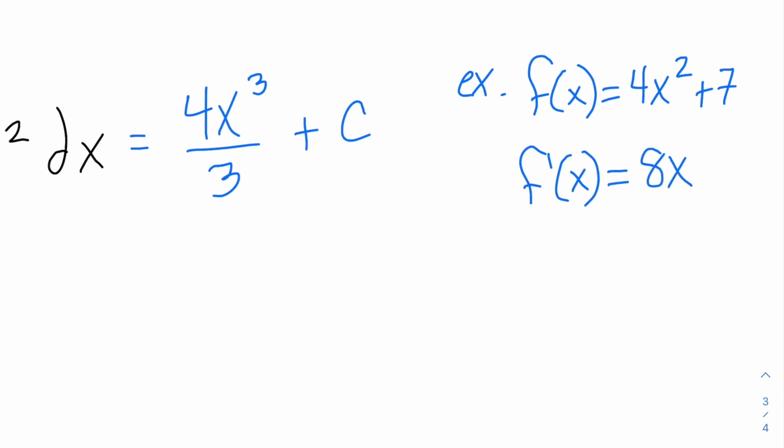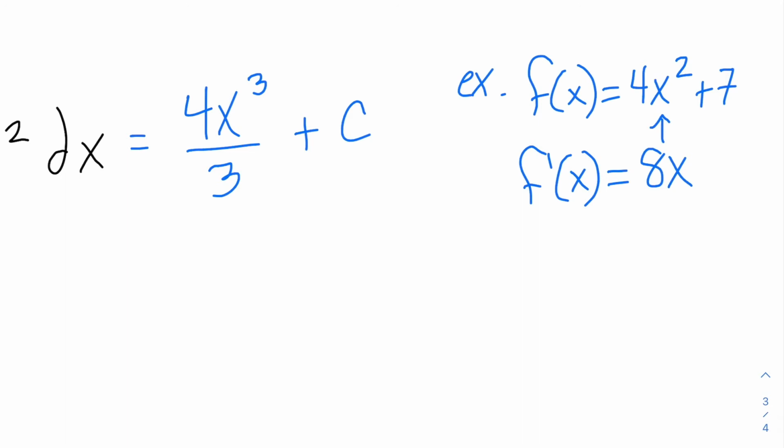And so we're never sure, when we're going in this direction from derivative to the corresponding function, whether or not this constant existed, because the derivative here would be the same if you were taking the derivative of 4x squared without the plus 7, or with the plus 7.